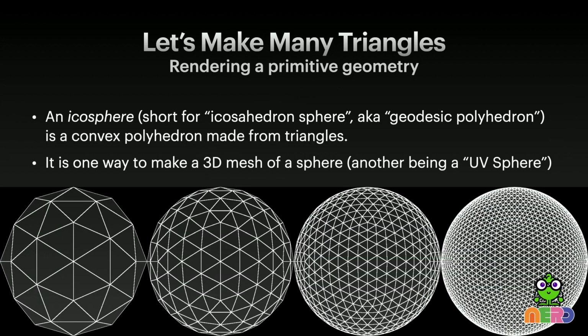Now, we're going to take it a little bigger. What if we want to make many triangles, which is generally what we're doing if we're making some kind of shape. So this is an icosphere, which is short for icosahedron sphere or geodesic polyhedron. I had to look at Wikipedia for that. Basically it's a way of expressing a globe or a sphere.